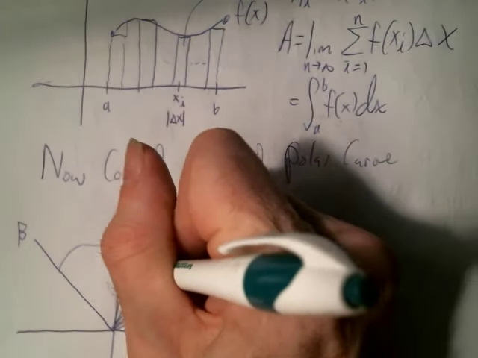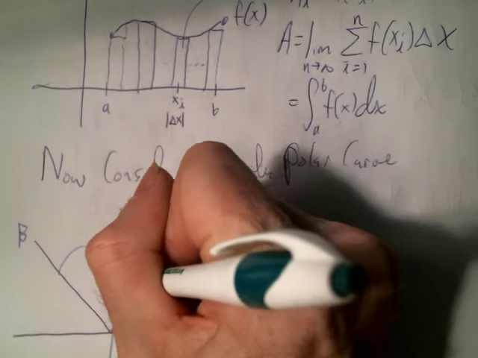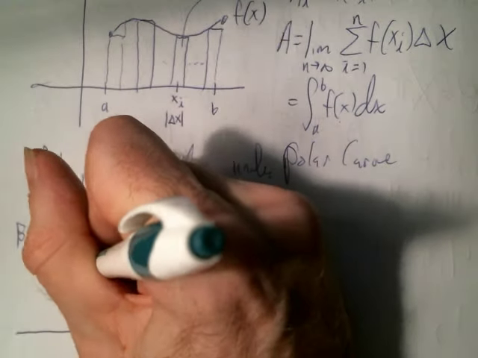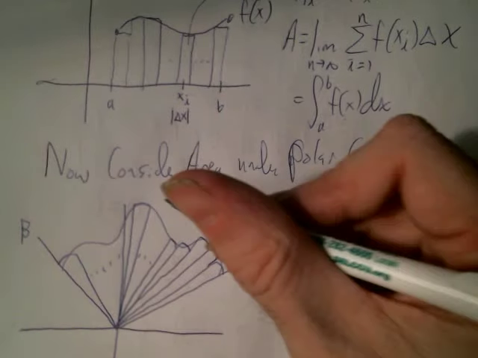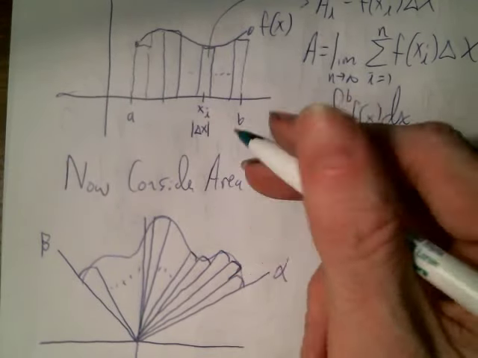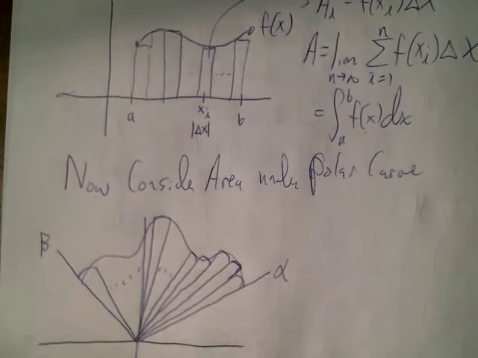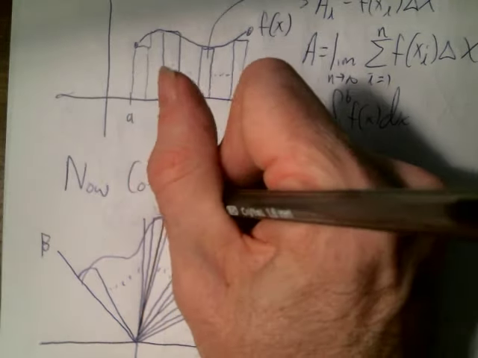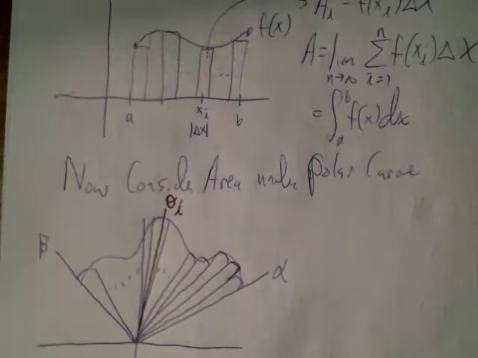And then we'll take a generic pizza slice up here. And then dot, dot, dot, all the way to this last pizza slice over here. So this particular pizza slice, we could locate it at position, I should use a different color if I have one, located at position, I didn't have a different color, but we'll call that theta sub i.